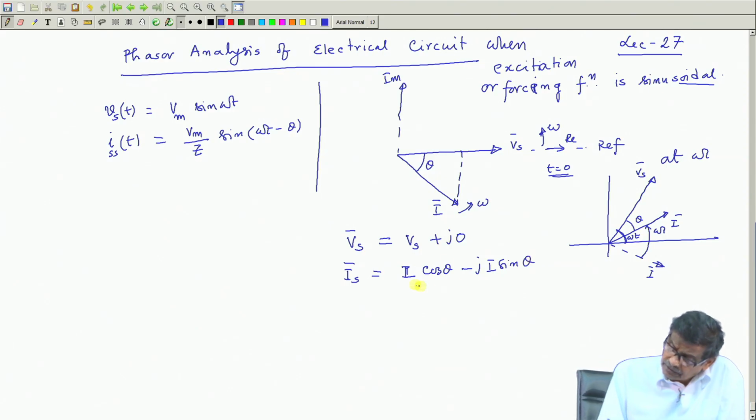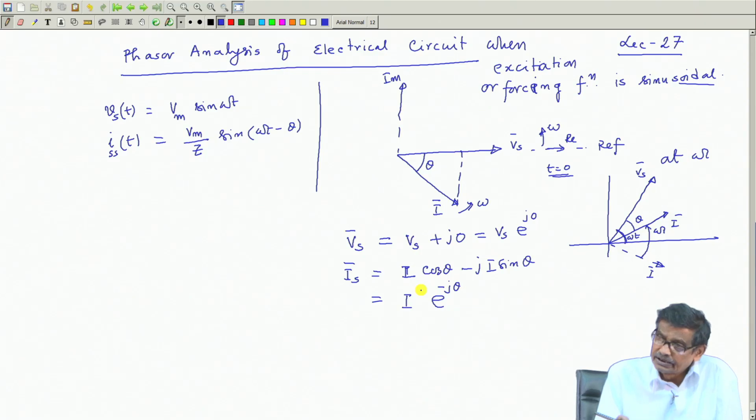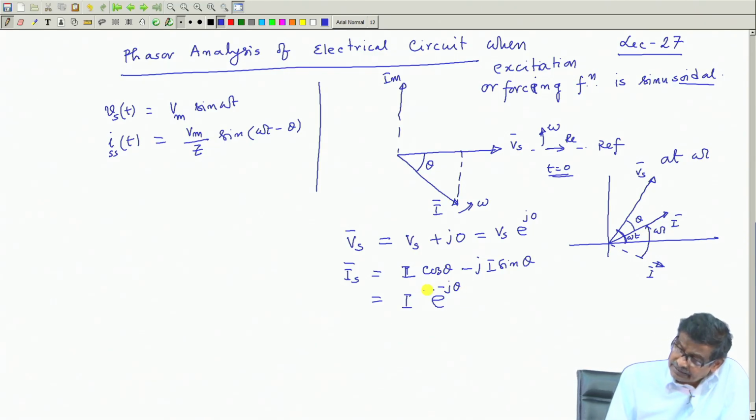So, in polar form this will be Vs times e to the power j 0, and this current in polar form will be I times e to the power minus j theta, at omega t equal to 0. So, this is the voltage and current phasor.